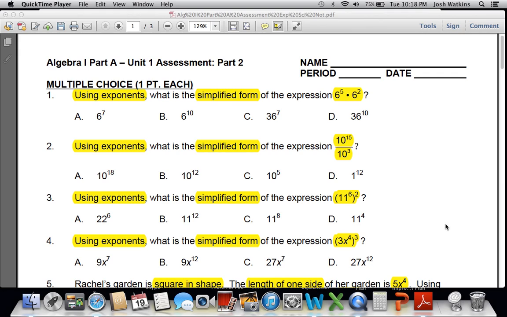Number 3, using exponents, what is the simplified form of the expression 11 to the 6th to the 2nd?